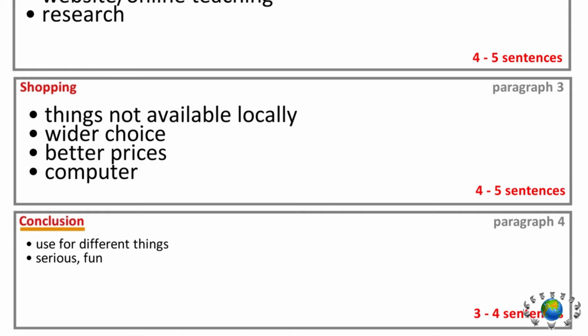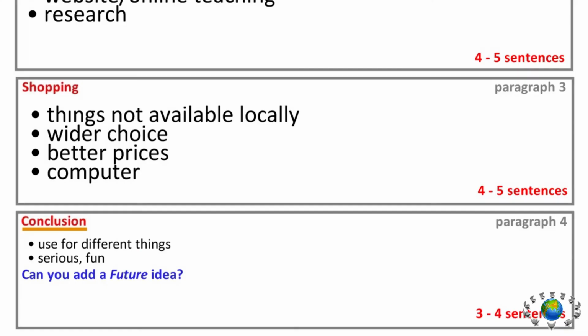Okay, now it's time for the conclusion. In the conclusion, we want to try to summarize information from the 1st, the 2nd, and the 3rd paragraph. I could also say that I use the internet for other things, all right? Also use the internet for many things in my life every day. I'm going to write down, I use the internet for serious and fun.